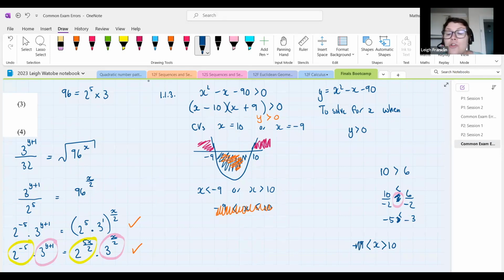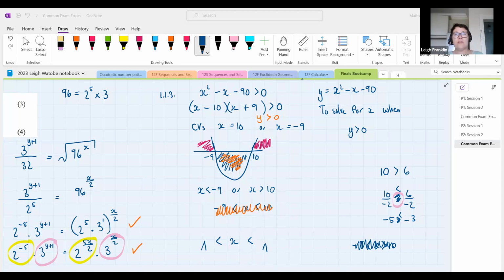When you write a compound inequality, like the two that I've just scratched out, your inequality signs always go in that direction with the x in the middle. The smaller number goes on the left, and the bigger number goes on the right-hand side, or else it's split apart. It's discontinuous because there's a gap where our condition is not met between -9 and 10.